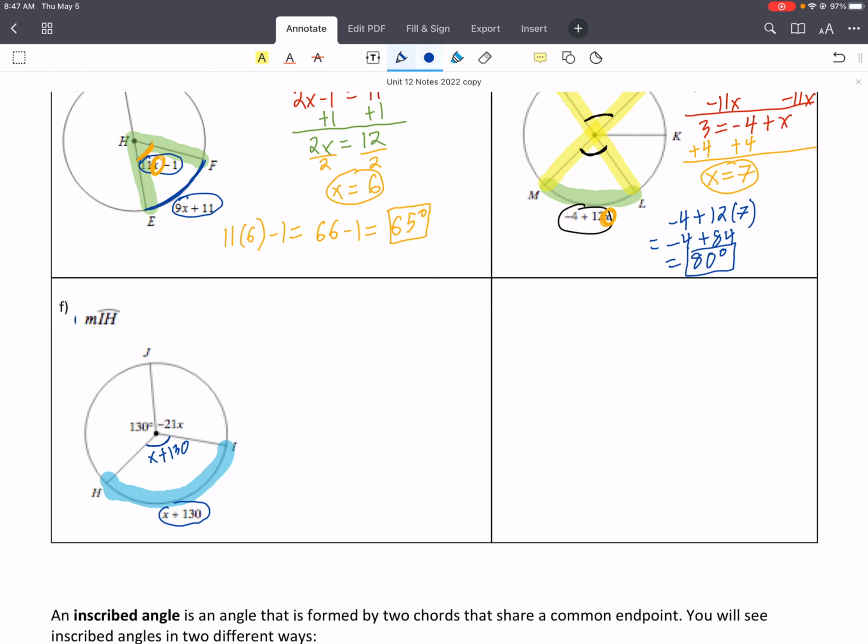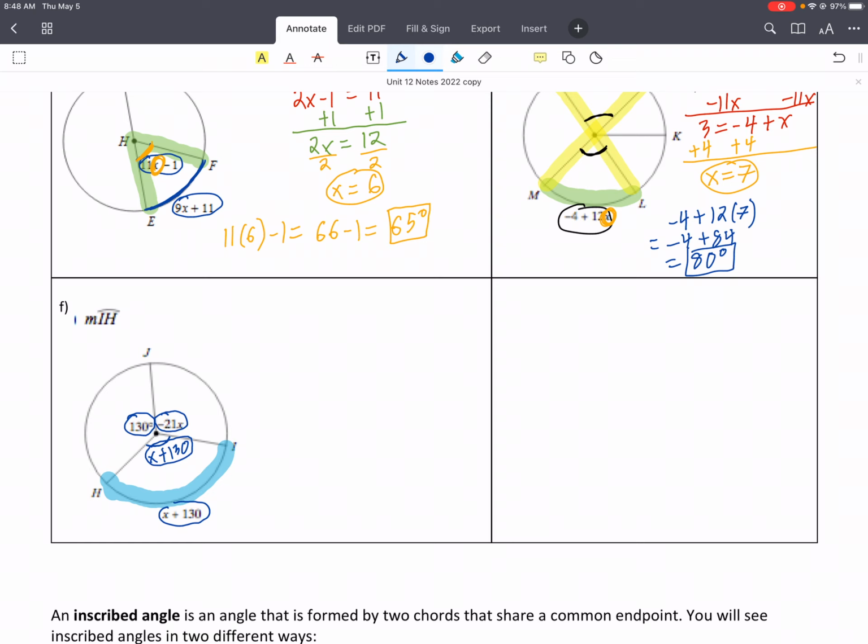So we know that angle is 130, we know that's negative 21x, and we know x plus 130. So we know all three of the angles.